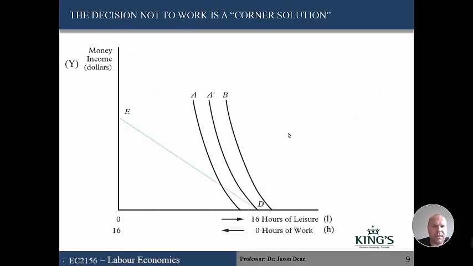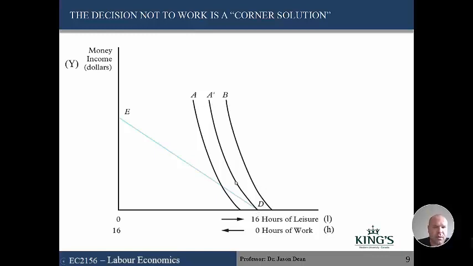Okay, now let's look at a situation where an individual would decide not to work. So the decision not to work is actually a corner solution. So we know in our model here, someone not working would be choosing the point where T, total discretionary time, is equal to 16. So here that would be point D. And notice how the indifference curves are quite steep.